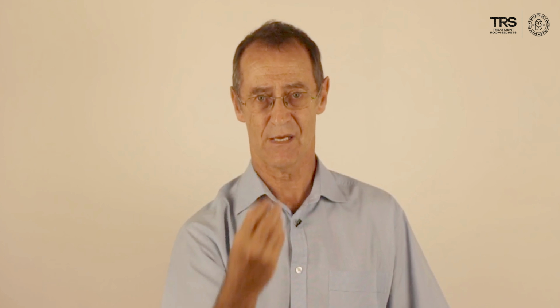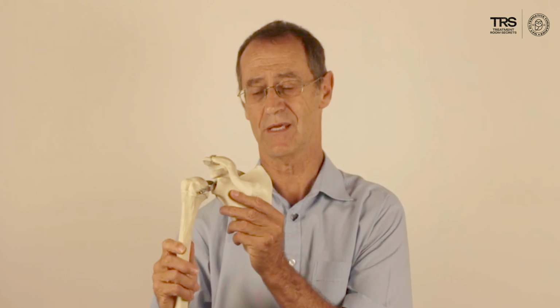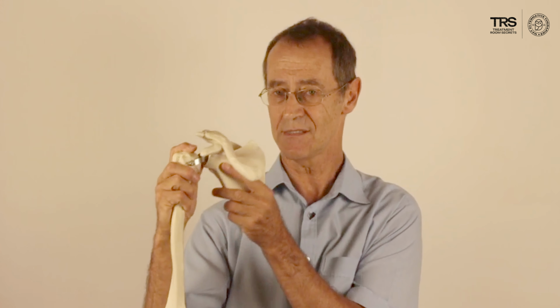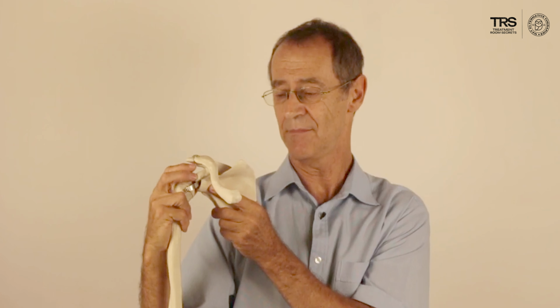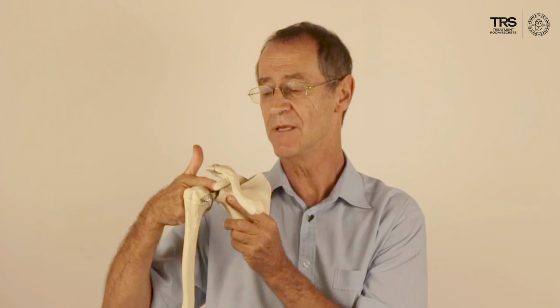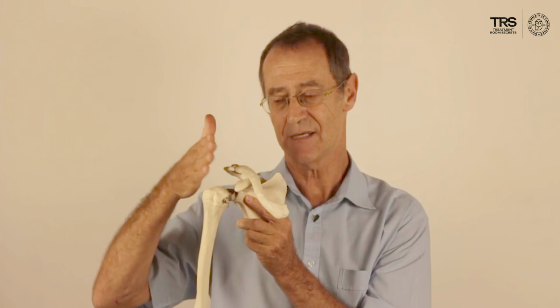So this movement, which is the most fundamental movement of your shoulder, keeps you alive, and it is how the shoulder is designed to move. So if we come back again, the scapula sits like this, and it sits on your body, so I'm attaching it in the way that it would sit in my body. The glenoid fossa is angled slightly like this, so it's forward and to the side.